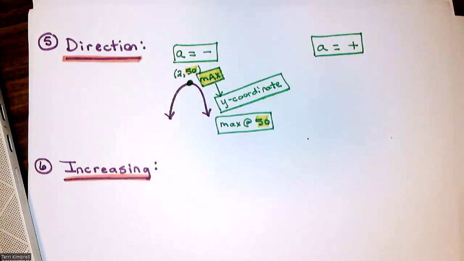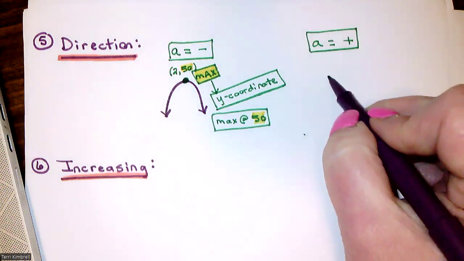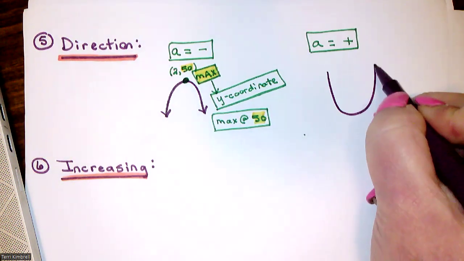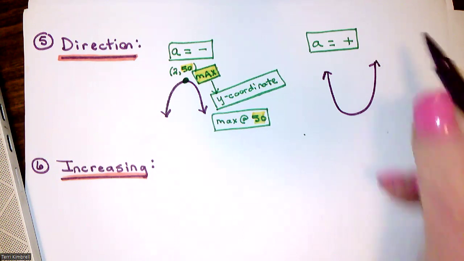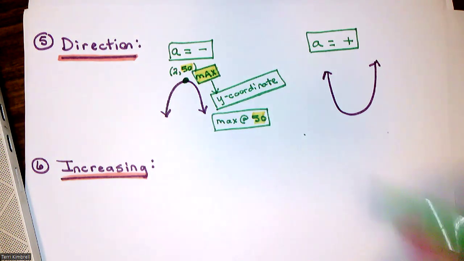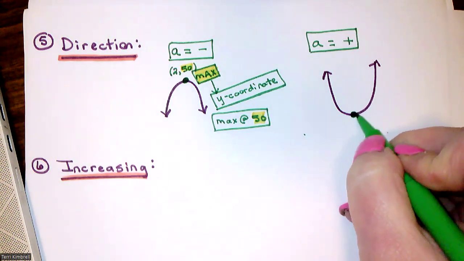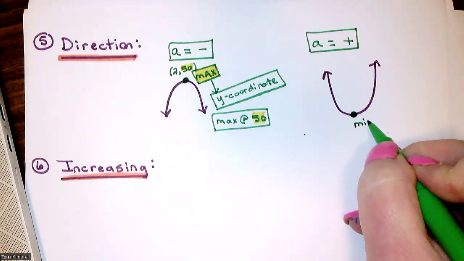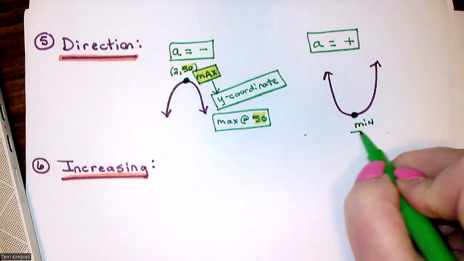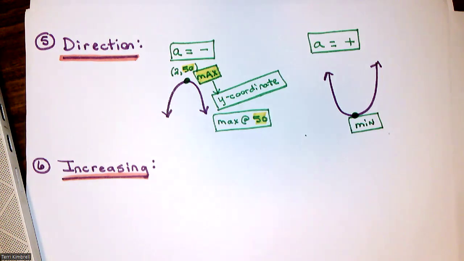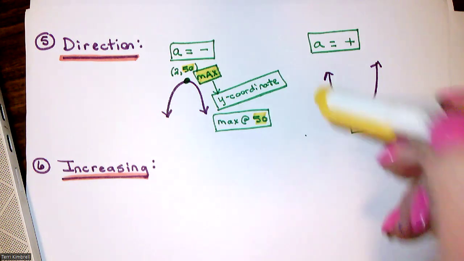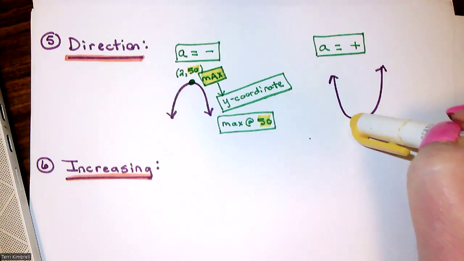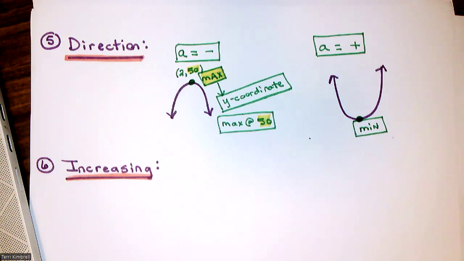Now, if your parabola is positive and both ends go upward, that's kind of like jumping into a swimming pool. You would reach a minimum before you come back up out of the water. So as you jump in, you would reach a depth before you come back out.